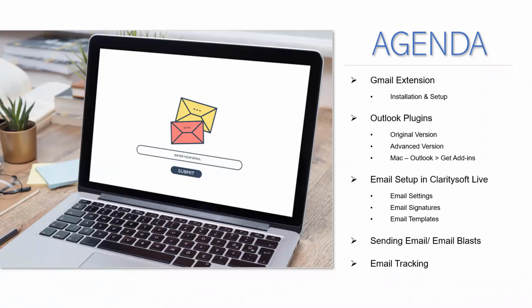Then email signatures: you can create your email signature in ClaritySoft so that when you do send an email out, it will put your signature into that email each time. And then email templates. These are templates that you can create if you send out emails that are fairly standard, like welcome to a new customer, or thank you for your business, or whatever that you send a lot and you're always copying and pasting from a previous email that you sent.